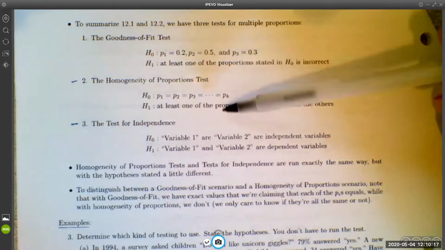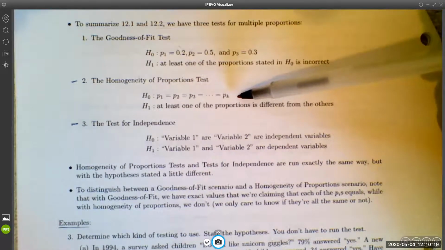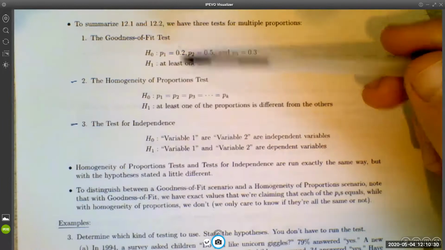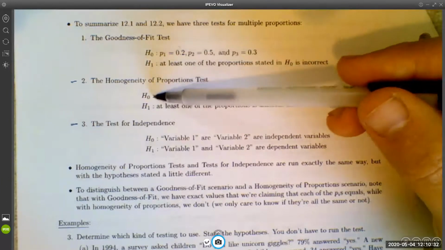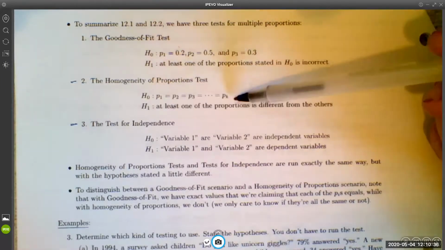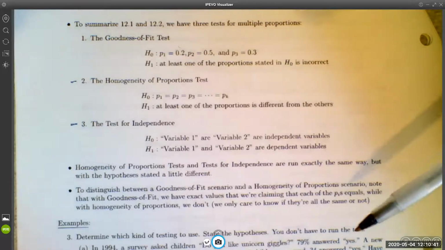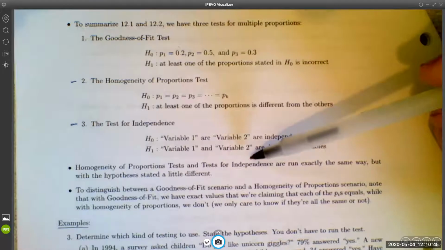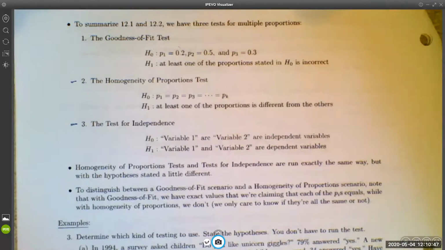Whereas with the homogeneity of proportions test, you don't have some kind of prior value to compare your proportions to. So you're not comparing each individual proportion to some number. Instead, you're comparing all of the proportions to each other, okay? And you can see that clearly when you look at the null hypotheses and how they're stated. So take some time and make sure you really understand the difference between these three tests.